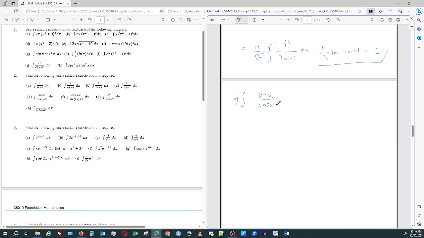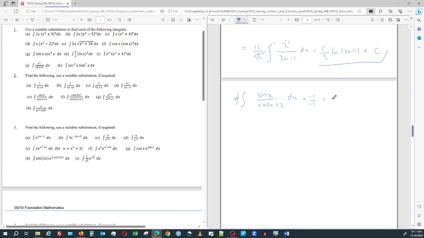The derivative of sine is cos, so the derivative of cos is minus sine. So we would need to multiply this by a form of 1 where we have minus minus. So the minus 1 at the top would cause us to have minus sine, and we'll get a minus out the front.